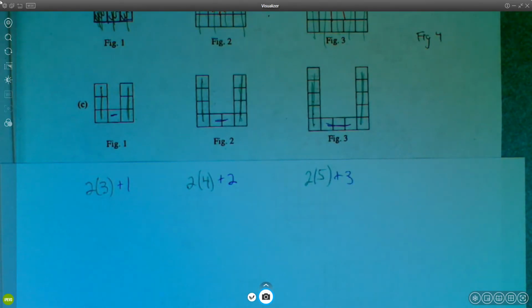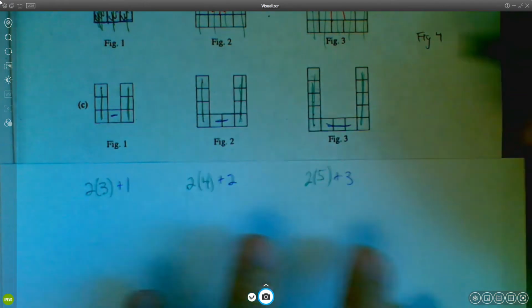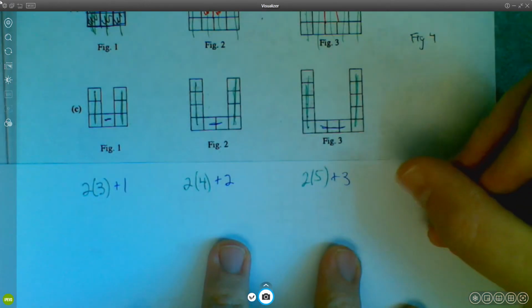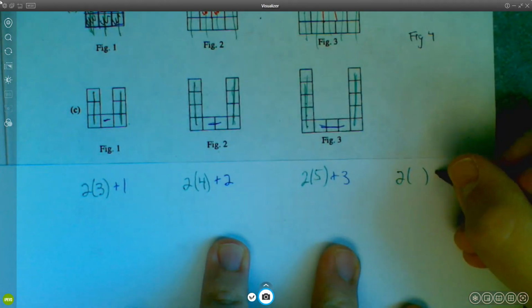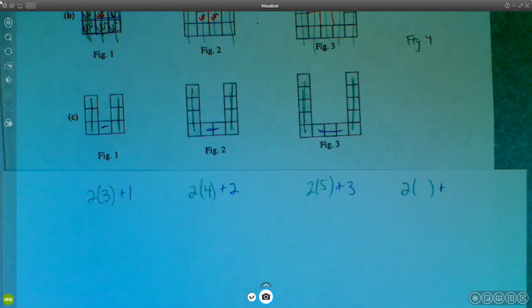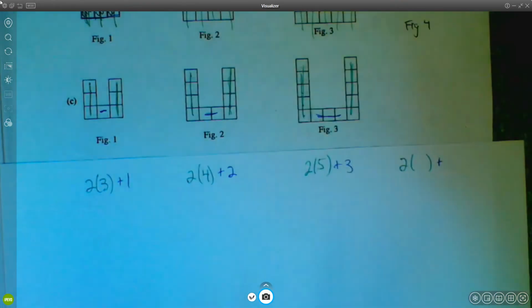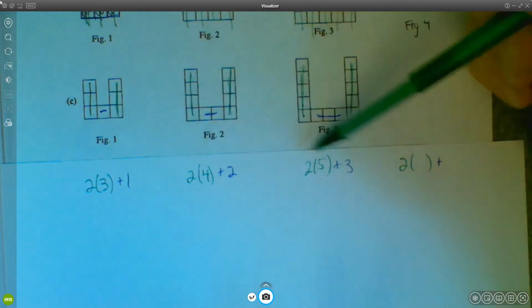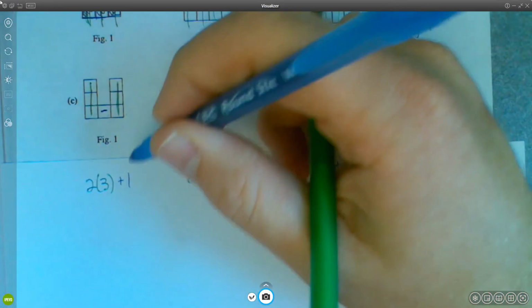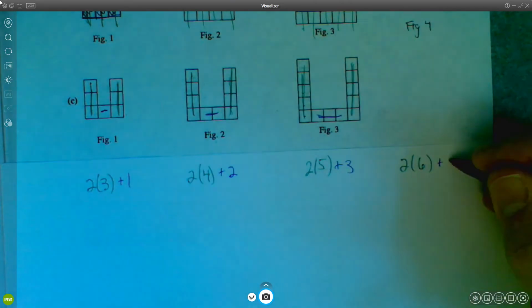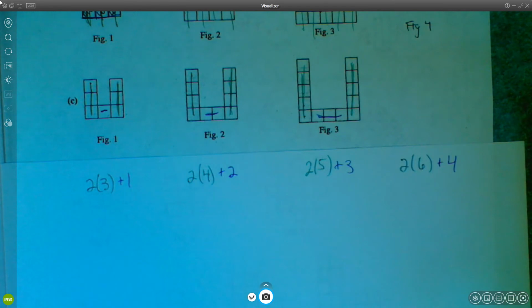We can guess what figure 4 is going to be. It's going to be 2 times something plus something else. Well, if we look at those parts, it's going 3, 4, 5, 6, and the blue part's going 1, 2, 3, 4.